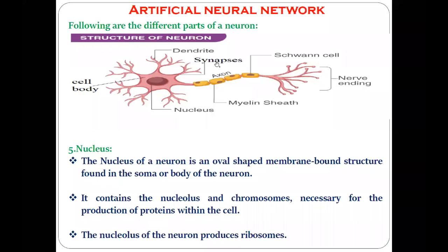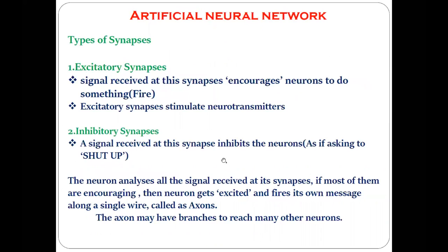With the help of these different components, our human brain receives signals from different parts of the body, and also transmits signals to the different parts of our body. Understood, all of you? Yes, sir. So this same part we are going to apply to our main point, the artificial neural network.